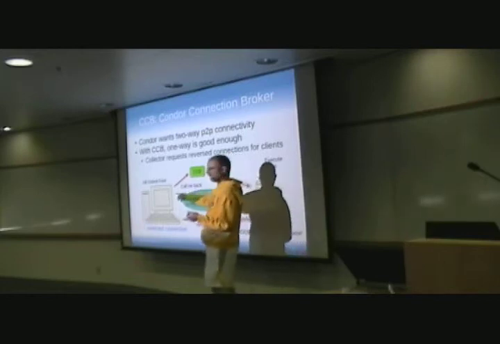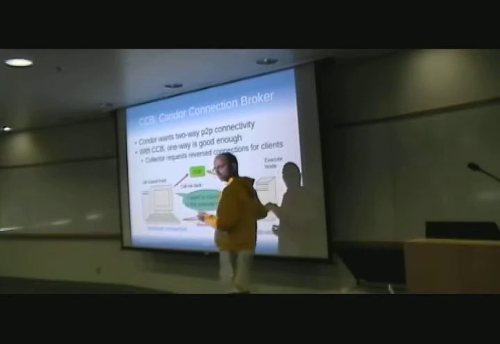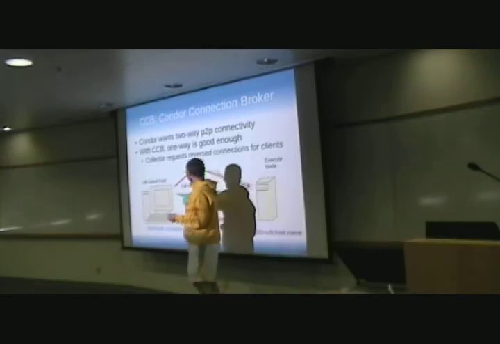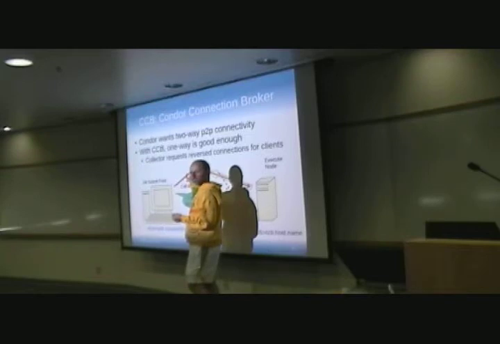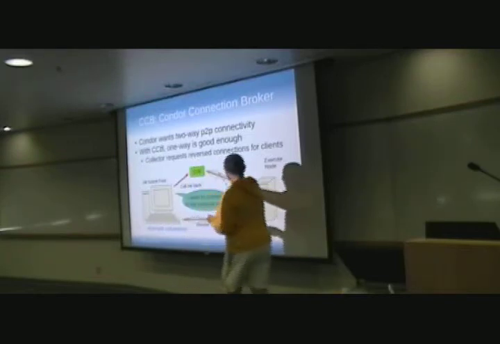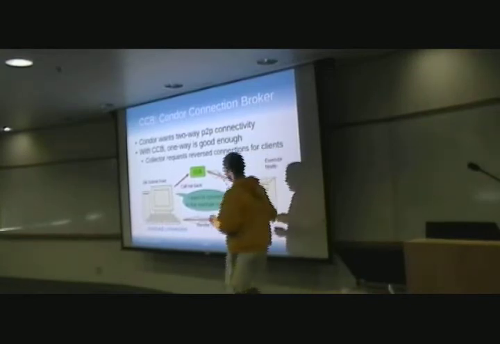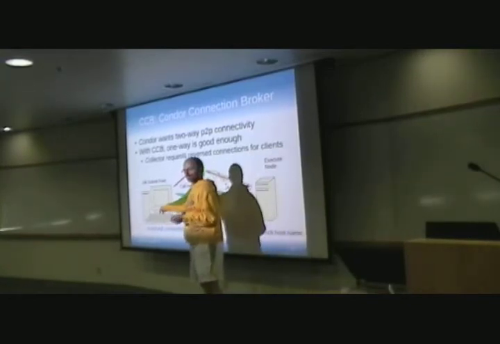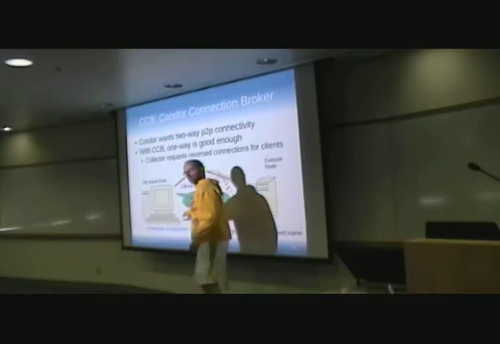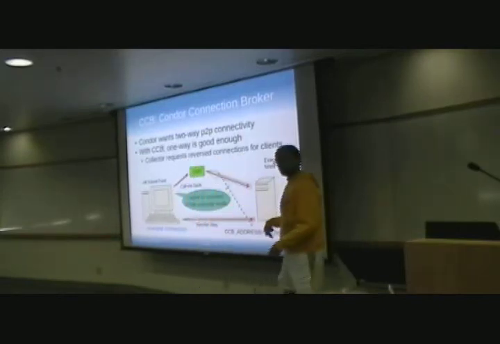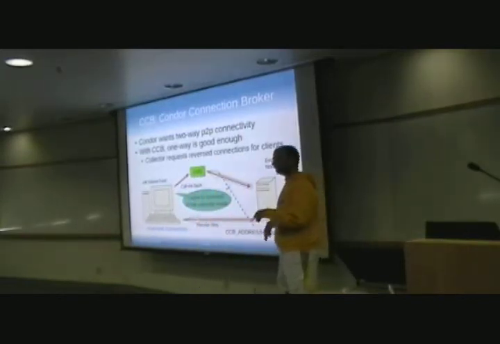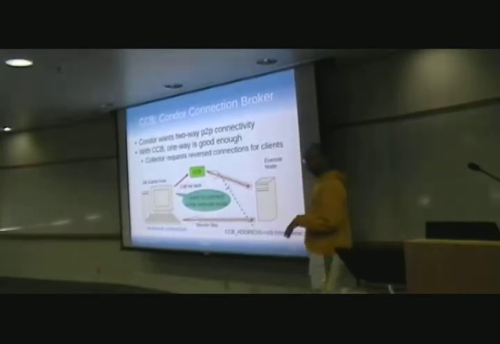So when a schedD wants to talk to the startD, it essentially talks to the CCB and says, can you please tell the startD to call me back at this address? This is relayed over this existing connection to the startD, and the startD at this point calls back to the schedD, opens a permanent TCP connection, and then that connection is used for all further communication. This is a rough approximation, but I hope this gives the idea how it works.